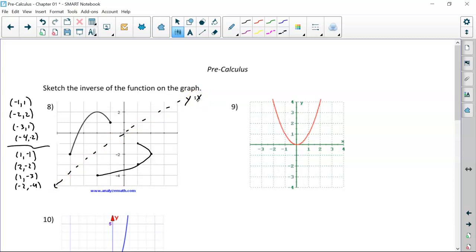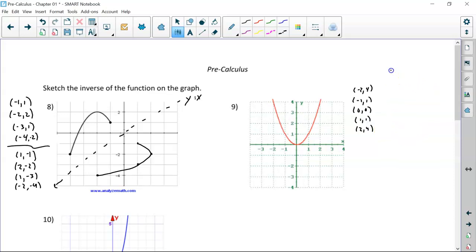Same thing for problem number 9. Some points on that graph. -2, 4. -1, 1. 0, 0. 1, 1, 2, 4.